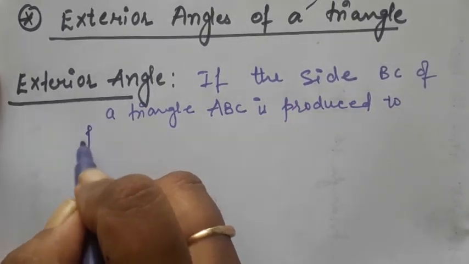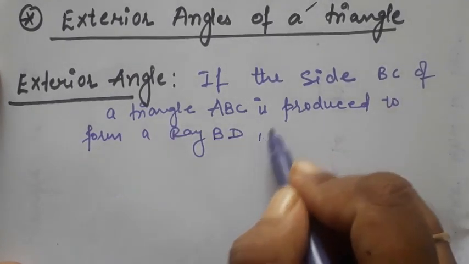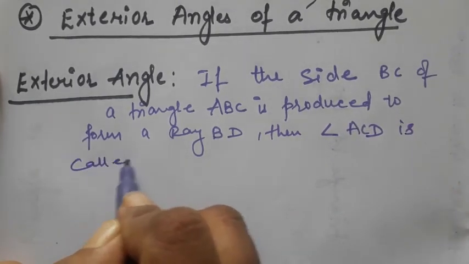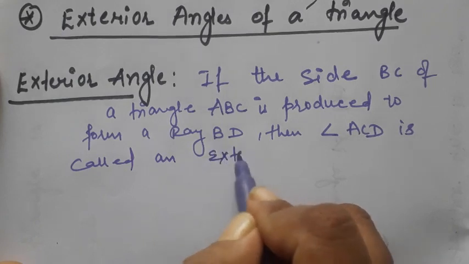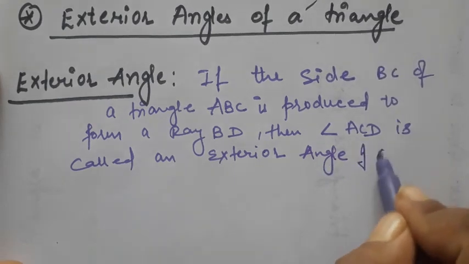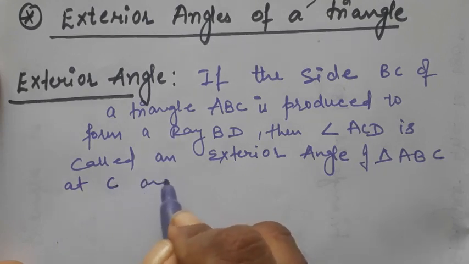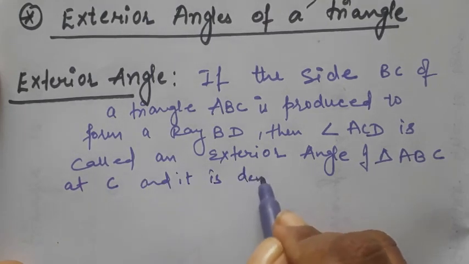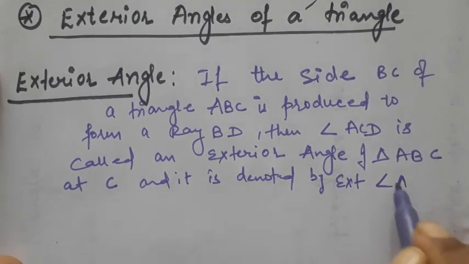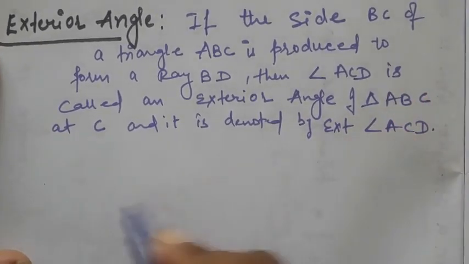to form a ray BD, then angle ACD is called an exterior angle of triangle ABC at point C, and it is denoted by exterior angle ACD. To make it clearer, I'm just drawing one figure.